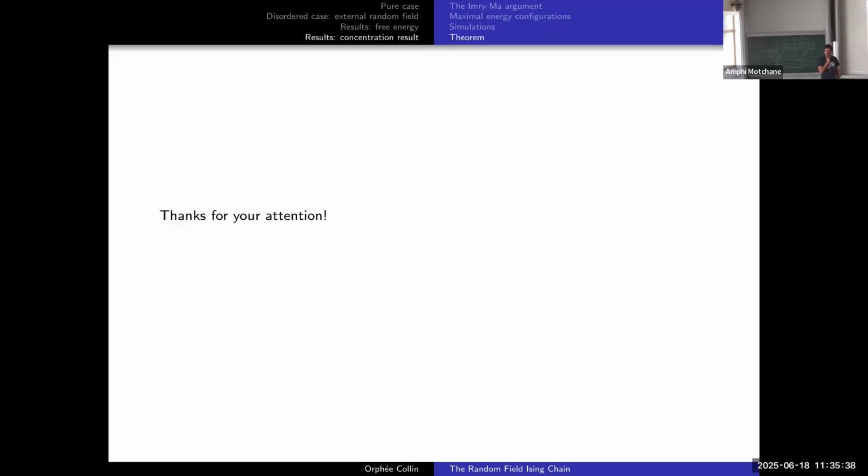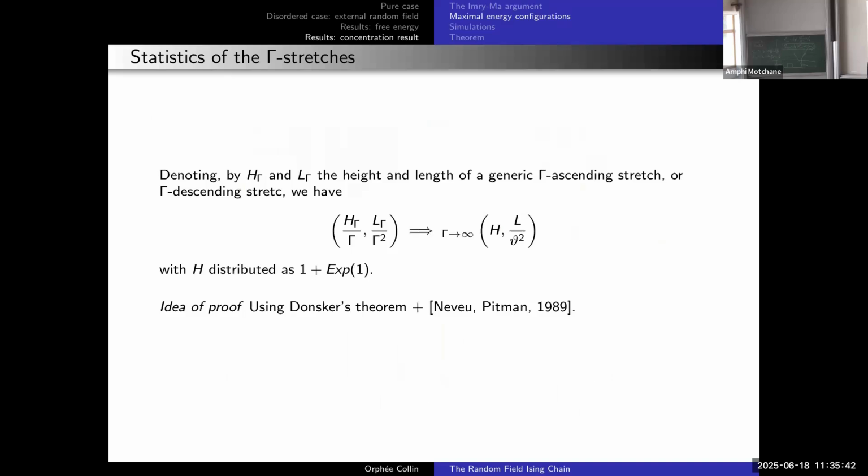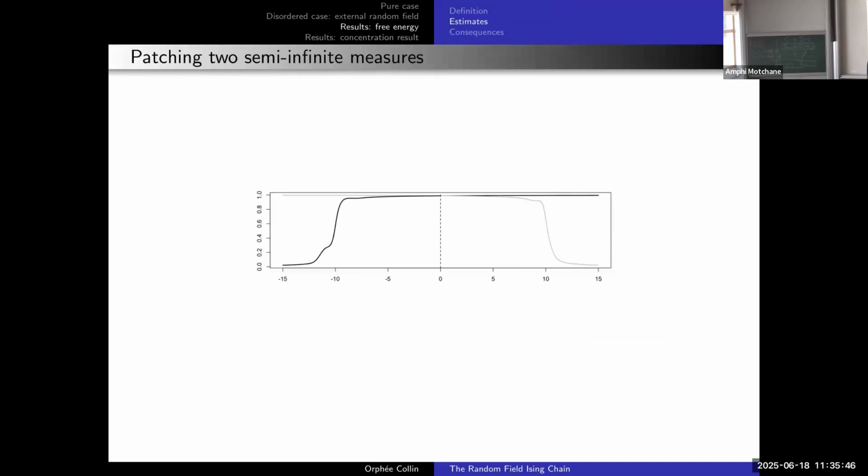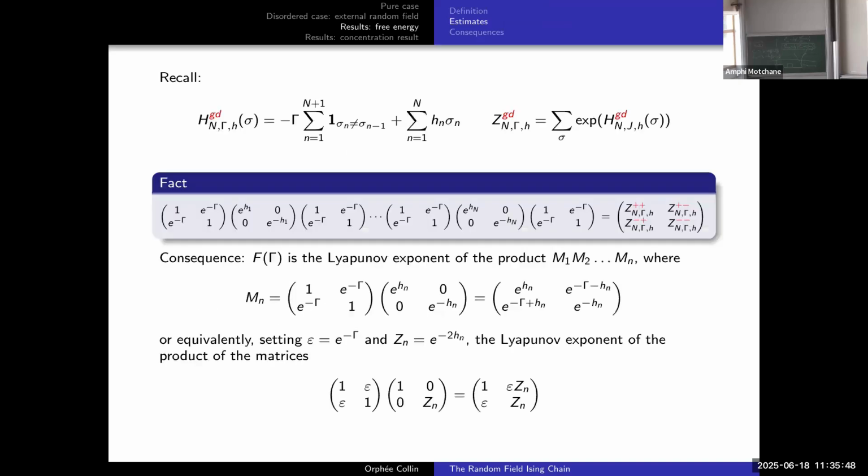These products of random matrices, physicists also study them with the replica trick.